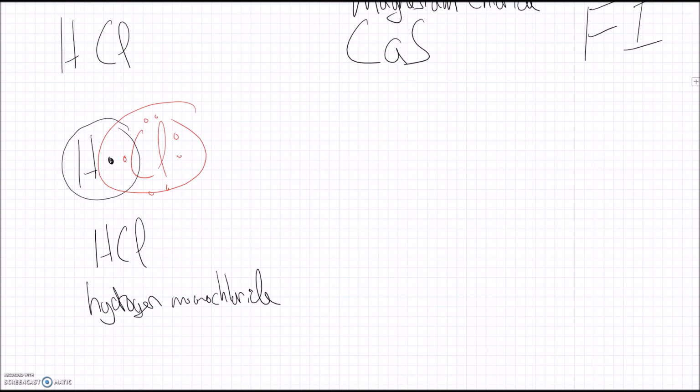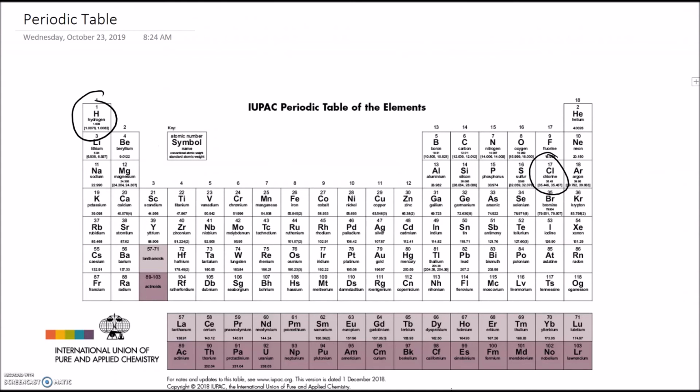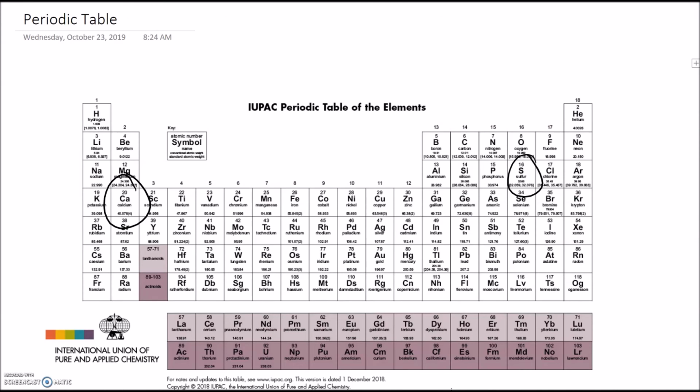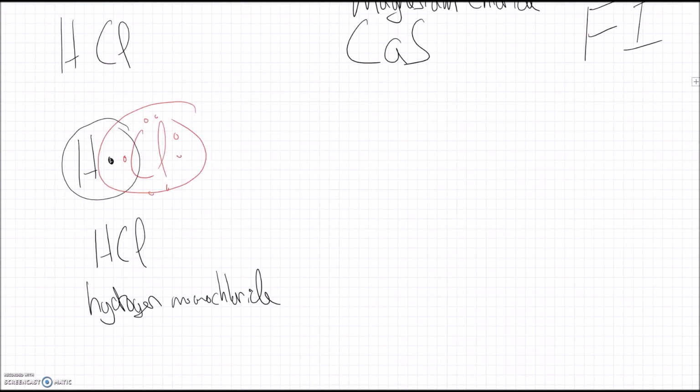Calcium and sulfur. Calcium is here, it's a metal. Sulfur is here, it's a nonmetal. Metal, nonmetal, ionic bond. How many valence electrons in sulfur? 6.